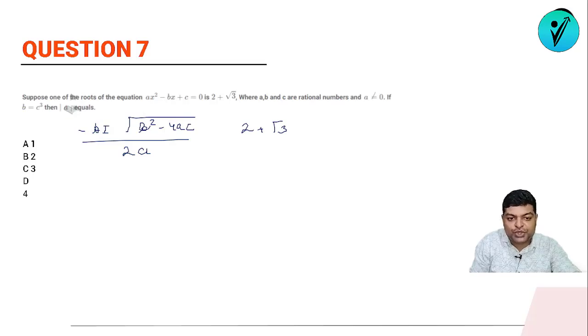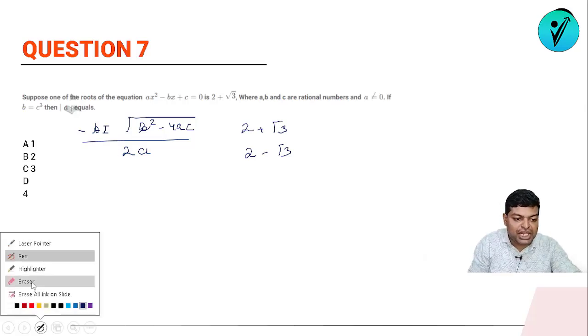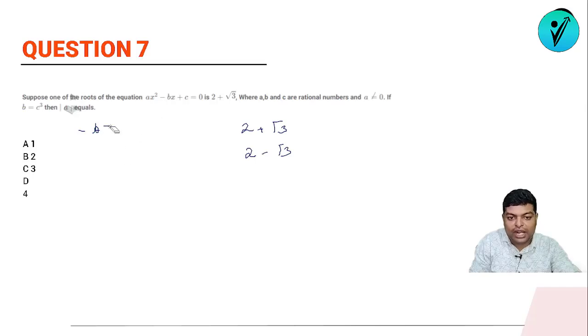So if one root is 2 plus root 3, definitely the other root will be 2 minus root 3. Because if it is 2 plus, then it will be 2 minus also. ठीक है, तो अगर आपके पास एक quadratic equation है और उसके roots ऐसे हैं, so one will be positive, means 2 plus root 3, then other one will be 2 minus root 3. So the two roots are this and it's a quadratic equation.